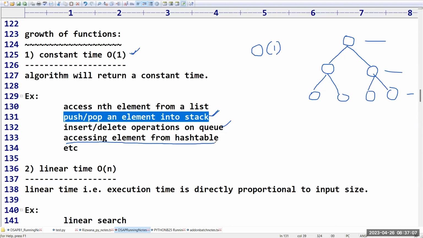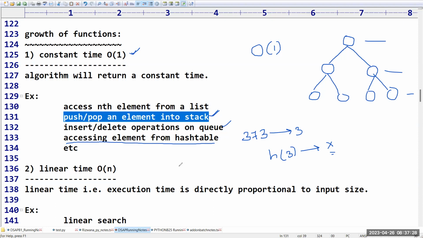Accessing an element from a hash table. For example, if I want to access the element 373, internally it is going to have some hash key, let it be 3. So h of 3, in this location, whichever element is available, that is the value. Have you observed this hash table data structure? I will explain it later.